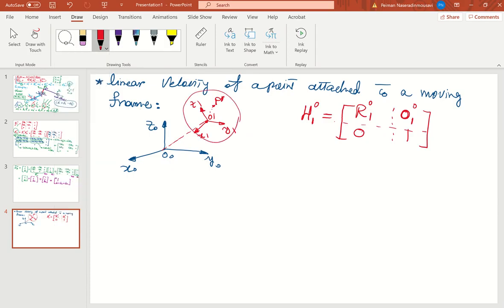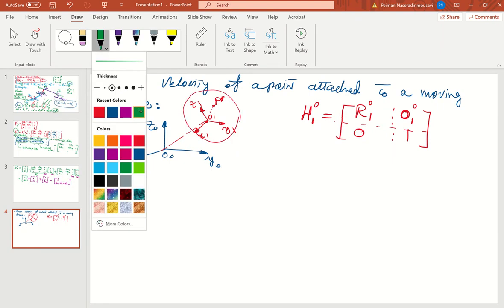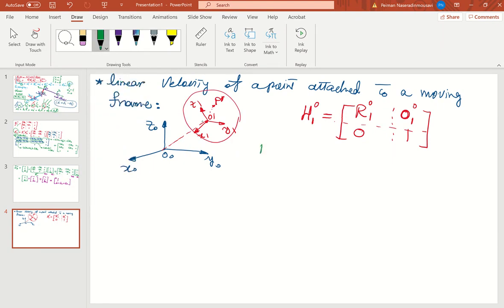As this frame is rotating around the base frame, we want to find p0, the position of p with respect to frame 0. Based on whatever I taught you previously, this is R1 with respect to 0, times P with respect to 1, plus the origin O1 with respect to 0.